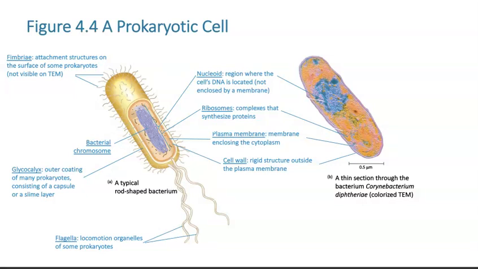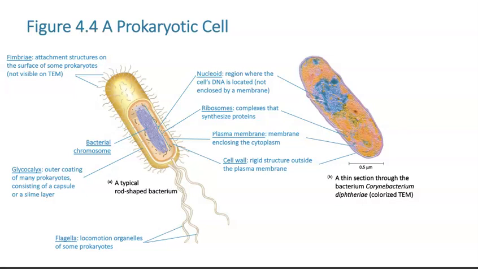The next structure that we're going to talk about are the fimbriae. That's this word right here, fimbriae. Fimbriae are also known as pilus. They help the bacteria attach to surfaces. Now, we don't always see fimbriae in all prokaryotes, kind of like cell walls and glycocalyx, but we do see them in some of them.